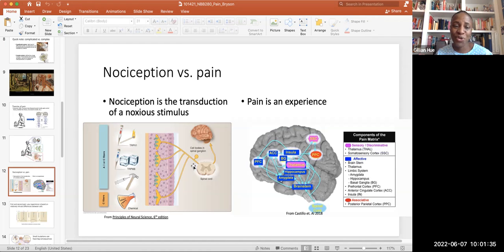Dawa, I don't know if you have a different word for noxious or nociception versus pain, but in science, there are two different things. One is just the physical stimulus and the change that it makes in your nervous system. And then the other is the full experience of how it connects and how it's associated.